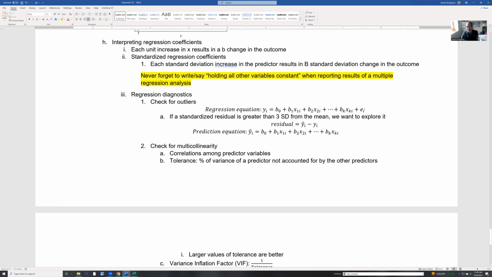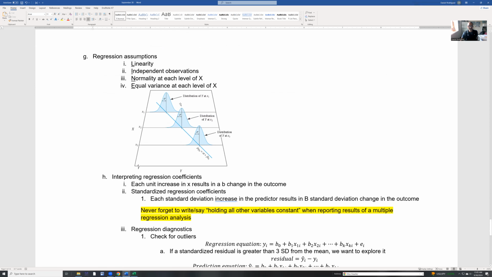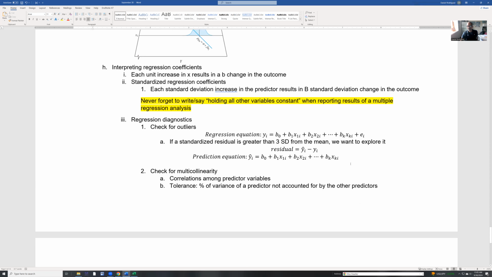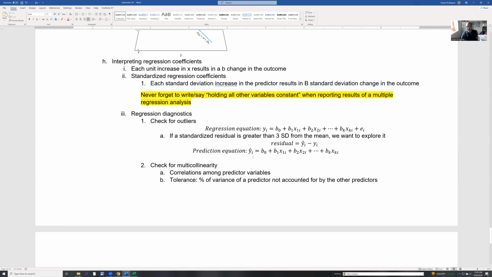But now I have E sub i, that's my residual, the thing we were looking at here, the leftover. When I have the hat, there is no residual because that's a prediction. The prediction doesn't have an error until we compare it to our observed outcome. The residual, the leftover, is the difference between the observed outcome and the predicted value.